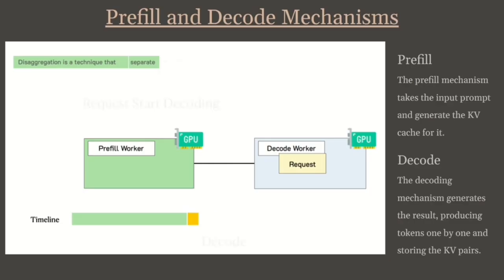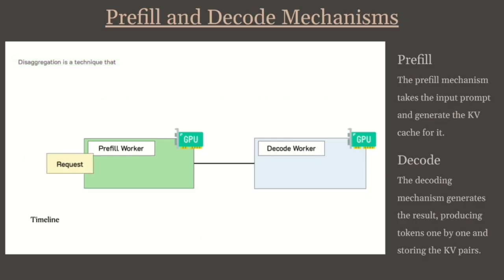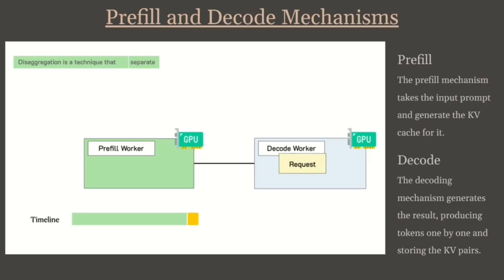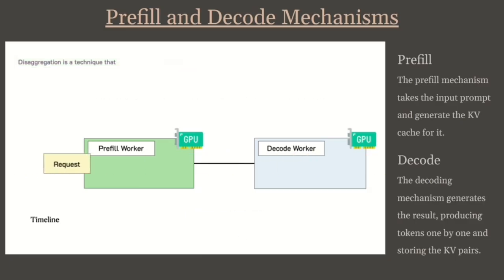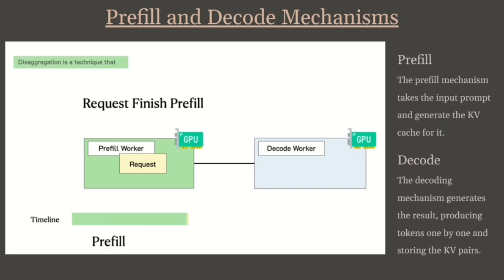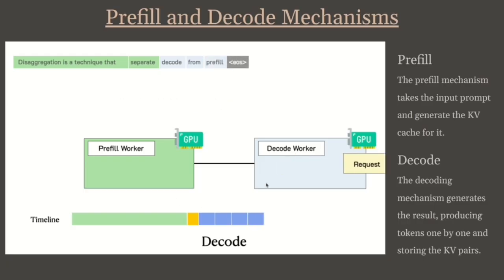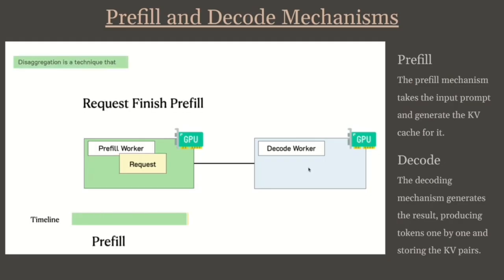Then it goes through the decode worker, which generates all the other tokens or words of our output. So what prefill does is only generate the input words' KV cache and the first output token, and the rest of the output's KV cache is generated by the decoder.